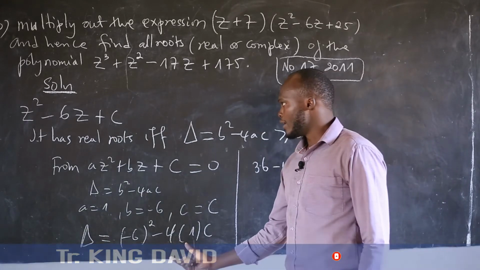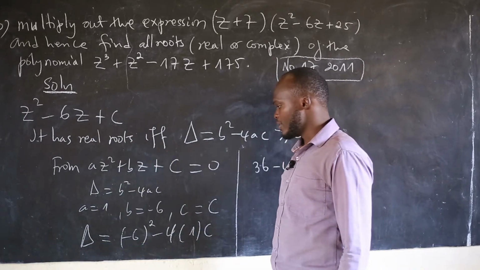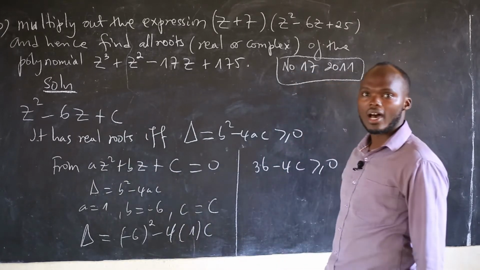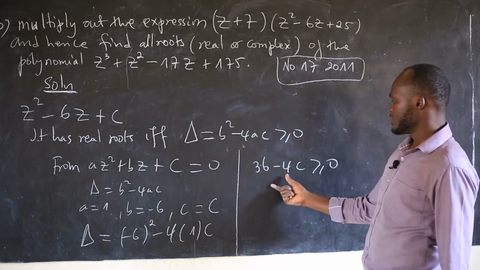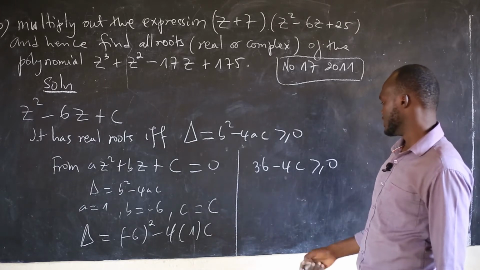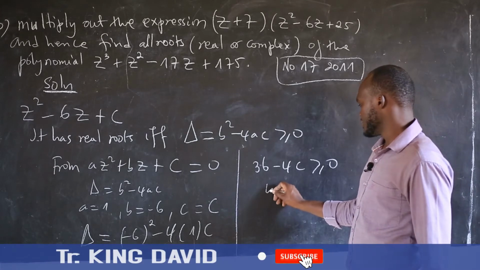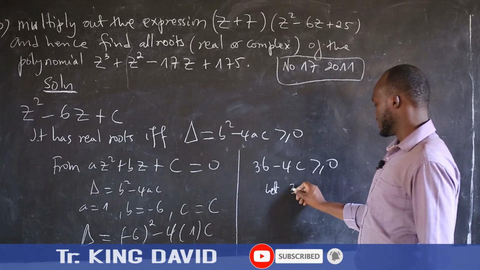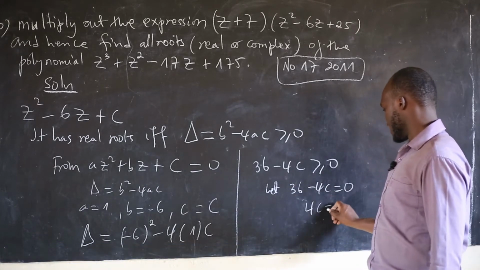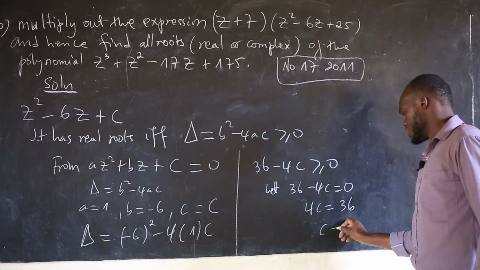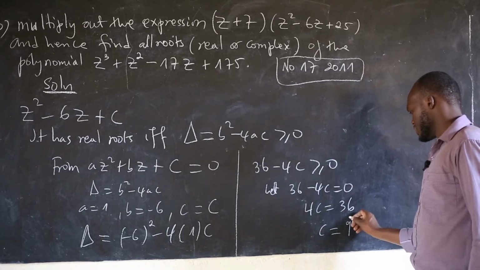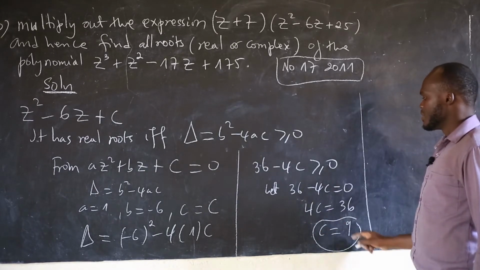Because this polynomial will give us real roots when its discriminant is greater than or equal to 0. So let 36 minus 4c be equal to 0, where 4c equals 36, where c equals 36 divided by 4, that's 9.